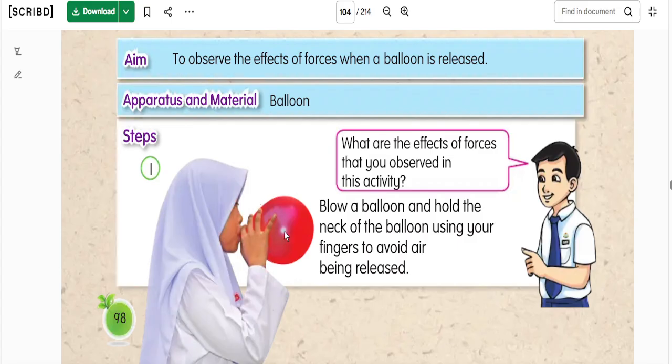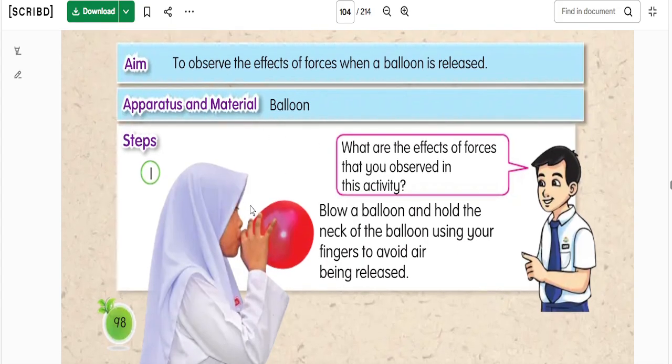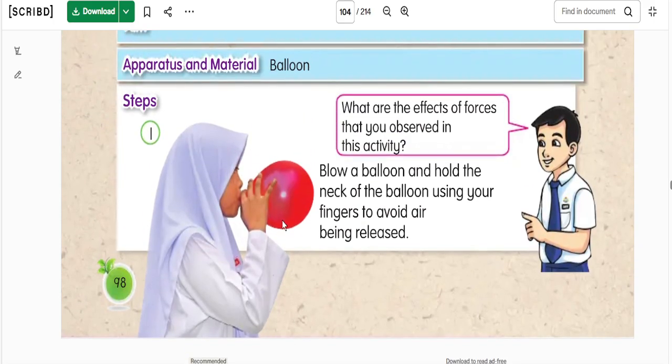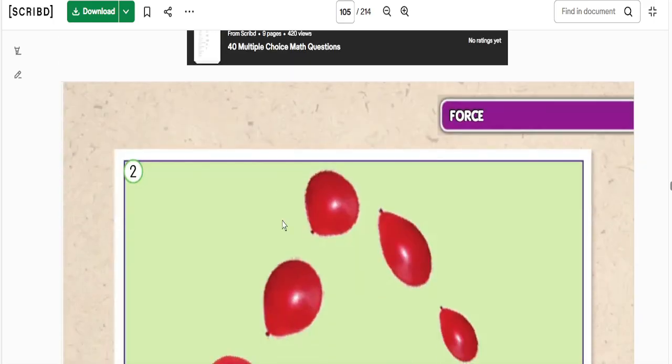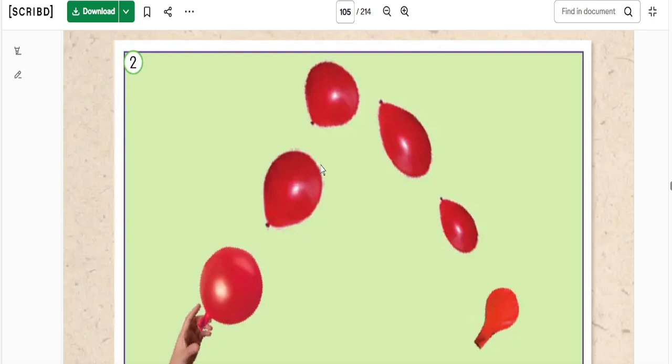In this experiment, we observe the effect of force when a balloon is released. If you blow a balloon and hold the neck of the balloon using your fingers to avoid air being released, you can see the effect of force through this activity. Then you release the balloon and observe its movement.